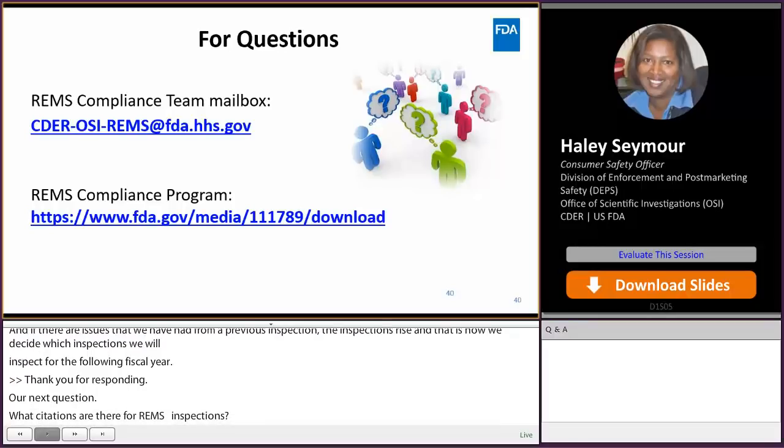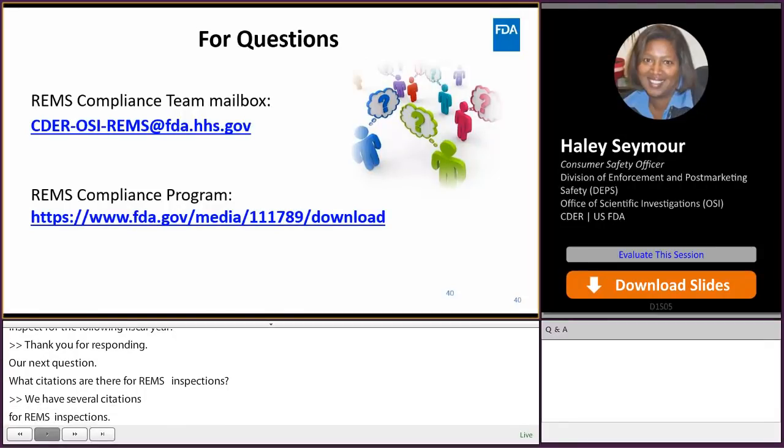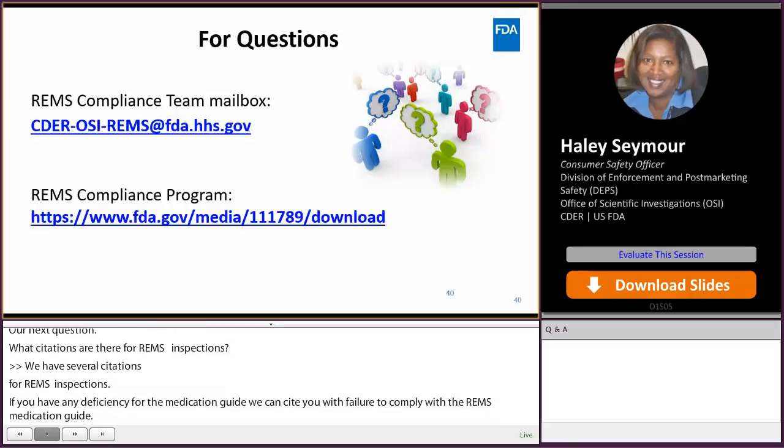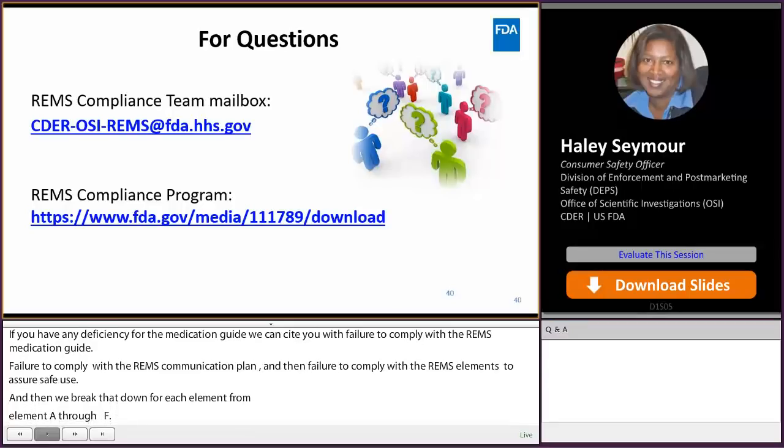If you have any deficiency for the medication guide, we can cite you with failure to comply with the REMS medication guide, failure to comply with the REMS communication plan, and then failure to comply with the REMS elements to assure safe use, and we break that down for each element from element A through F. And then failure to comply with the REMS implementation system. And finally, failure to comply with the REMS timetable for submission of the assessments.